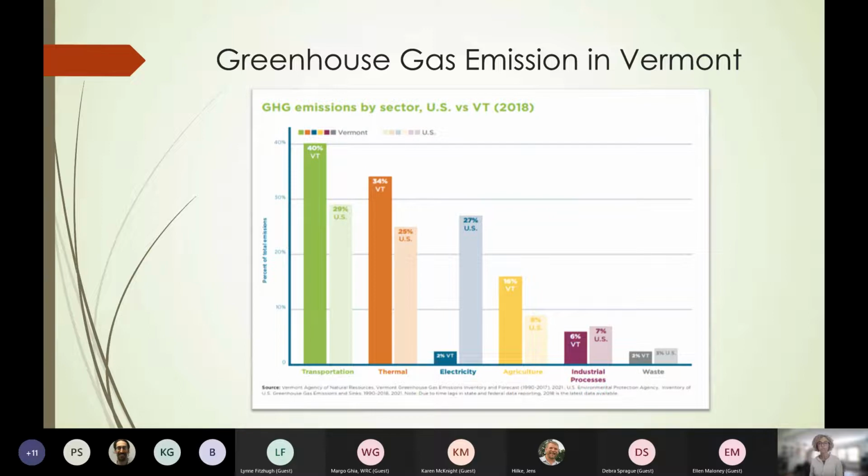So there's just a little bit left lingering of fossil fuel that goes through the electric grid. So switching to electricity is one of the high impact actions that people can take to reduce greenhouse gas emissions. And there are a few other emitters, including agriculture, industrial processes, and waste.